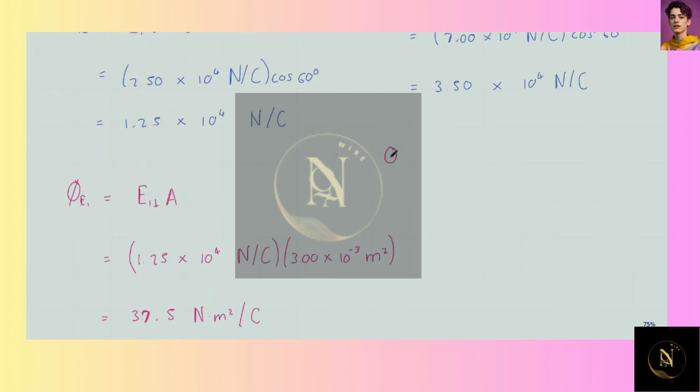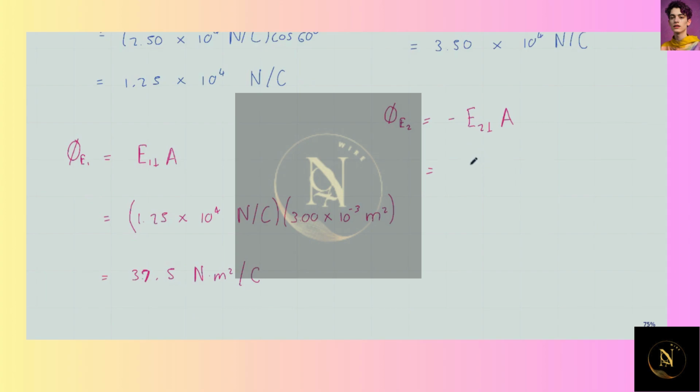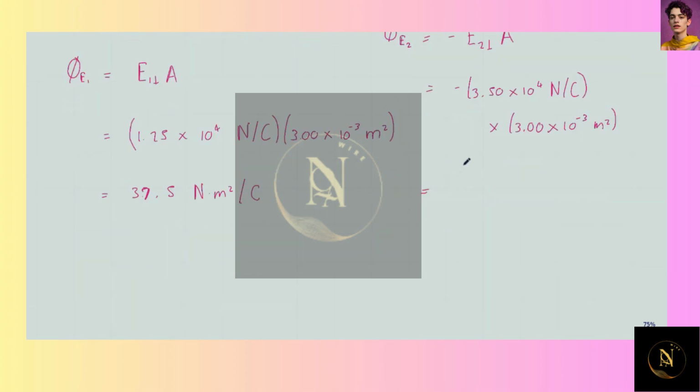Now we calculate the flux through surface 2, we'll call this phi E2, and this is again now minus, since the flux inward is negative, that's minus the magnitude of E2 perpendicular to the surface times the surface area A. And so this is minus 3.5 times 10 to the 4 newtons per coulomb multiplied by the surface area of 3 times 10 to the minus 3 square meters, which gives us the inward flux to be minus 105 newton meter squared per coulomb.